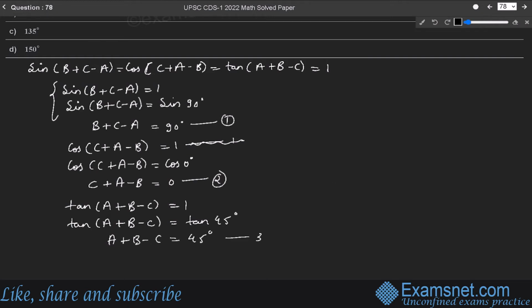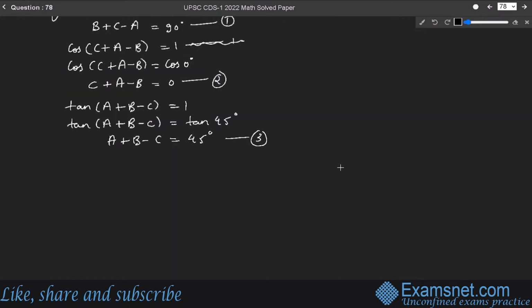Let this be equation number 3. Now adding all these three equations, we get (B + C − A) + (C + A − B) + (A + B − C) equals 90 degrees + 0 degrees + 45 degrees.